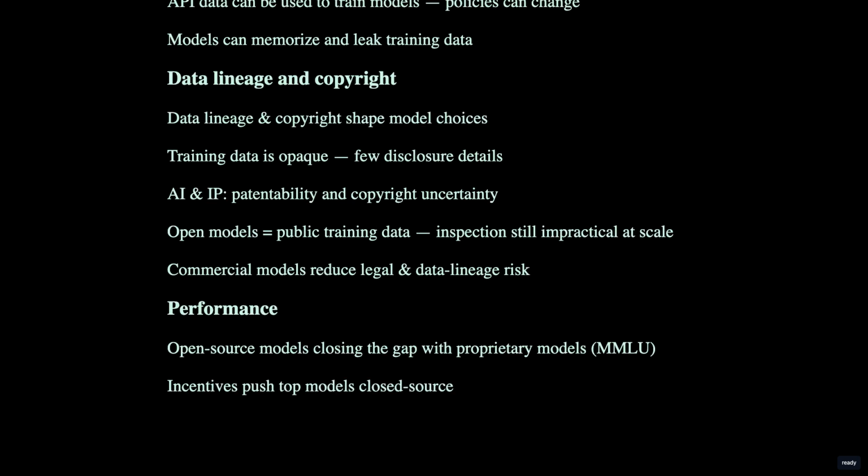If a company builds the strongest model, they usually have a clear incentive to monetize it rather than release it for others to use freely. As a result, firms commonly expose their best models behind paid APIs and only open-source weaker or older versions, which helps explain why open models often lag proprietary ones.